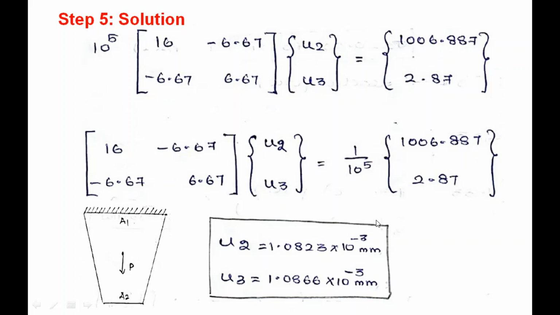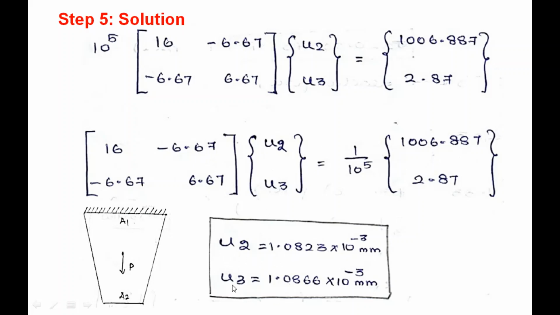When you solve using the calculator, it is better to take this 10 power 5 to the right hand side. Otherwise, we have to divide by this 10 power 5 four times with the matrix elements. If we take 10 power 5 to the right hand side, we have to divide only 2 times. For that reason, 10 power 5 is taken to the right hand side.